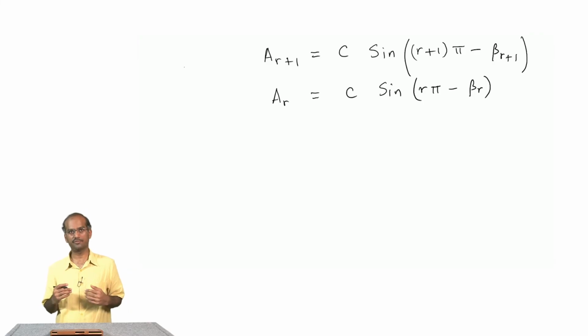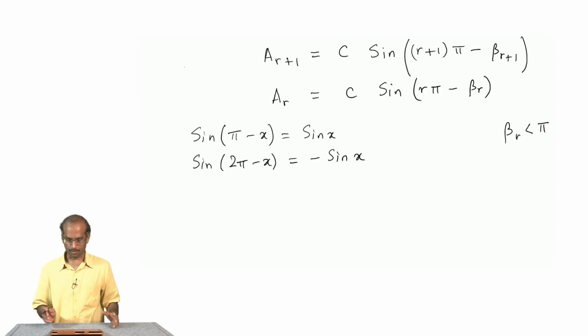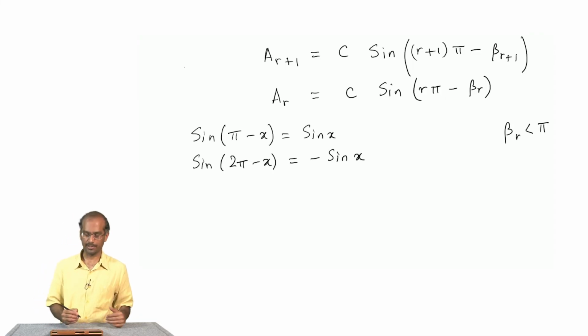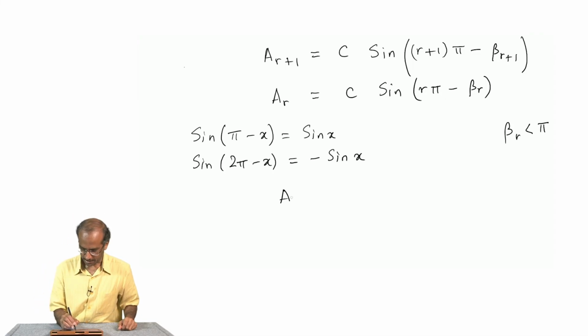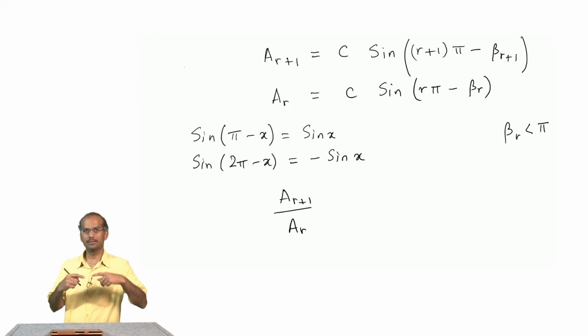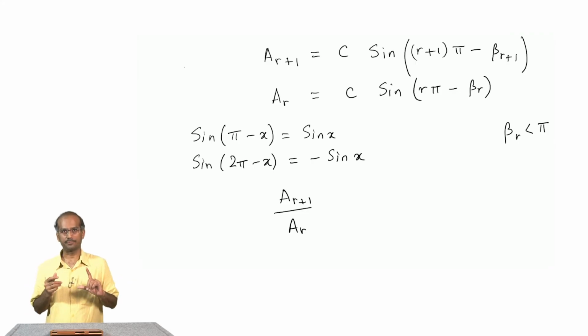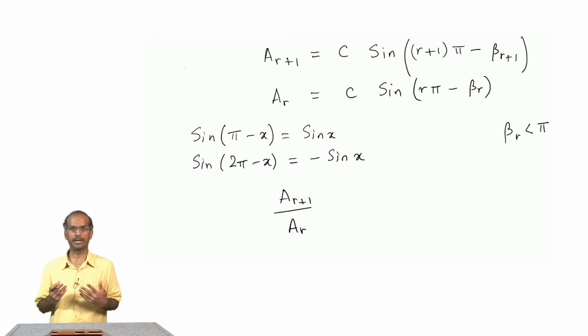In other words, if r happens to be an odd number, r plus 1 would be an even number, or if r is an even number, r plus 1 would be an odd number. So, under all these circumstances, if I take A r plus 1 divided by A r, the ratio will always be negative, simply because one of them is always going to throw up a negative sign for a given value of r.